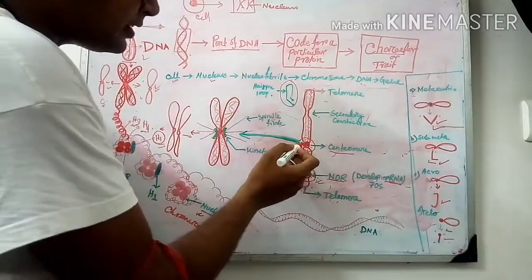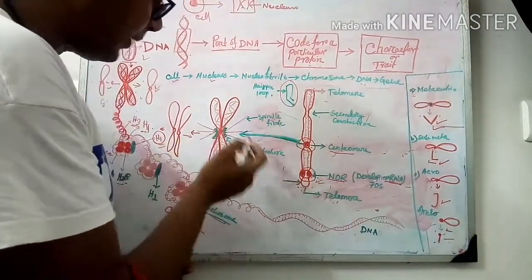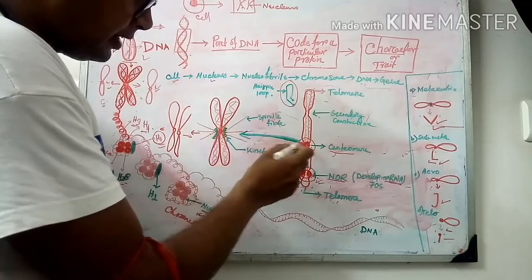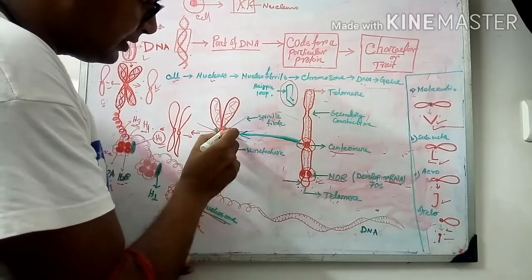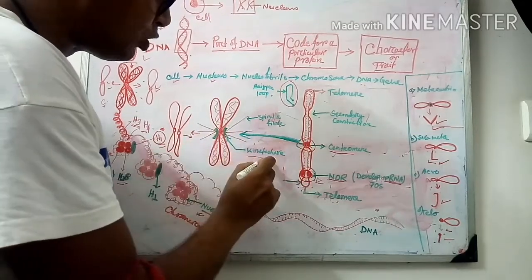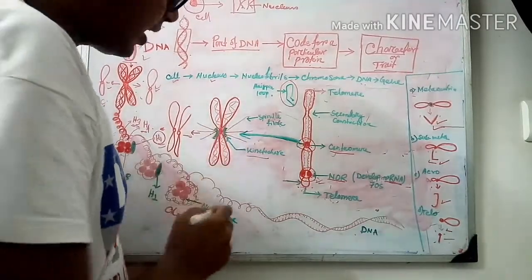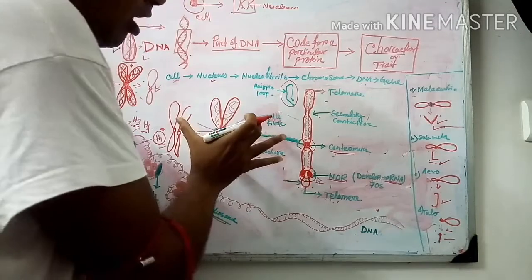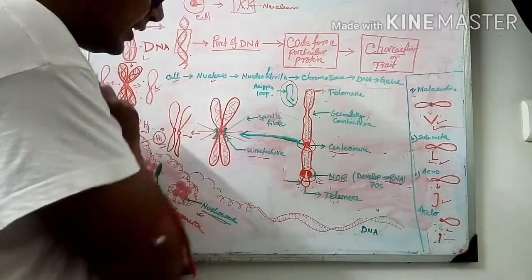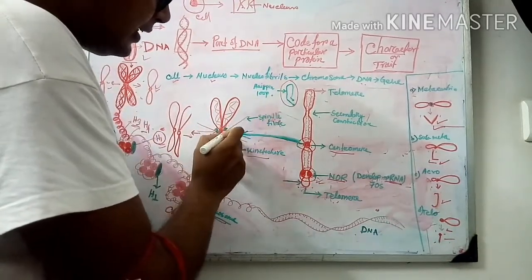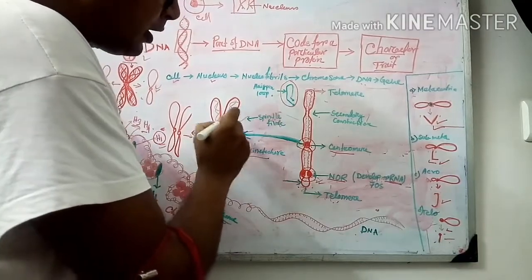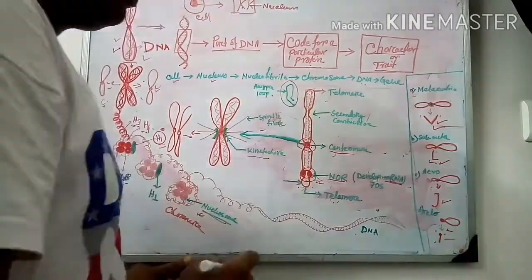However, what is actually the centromere? Inside or on the side of a centromere, there is a special protein called kinetochore. This particular protein is responsible for separation of the two chromatids during cell division. It's called kinetochore. This area is responsible for the attachment of the spindle fiber.